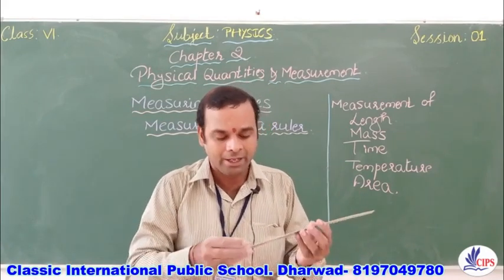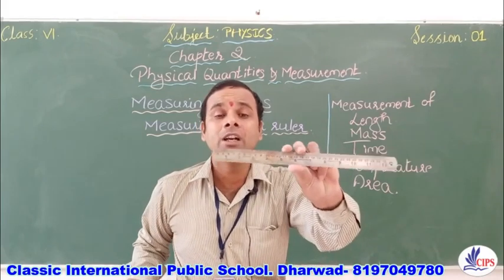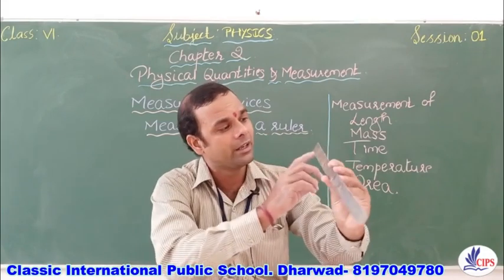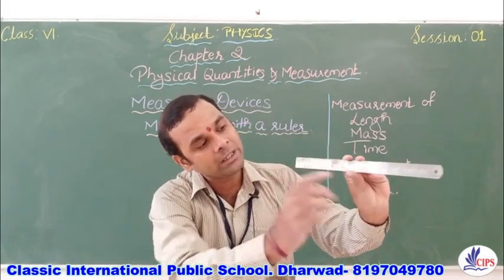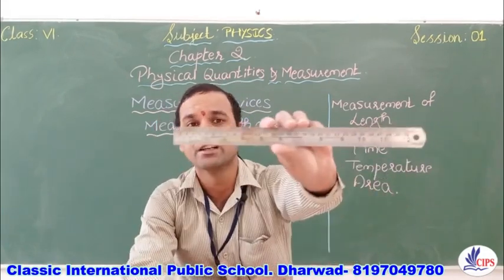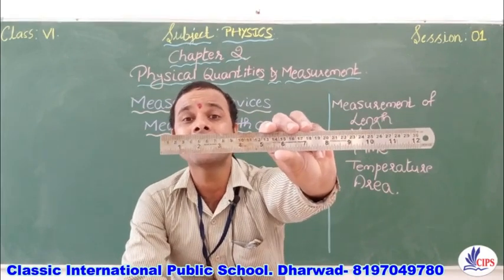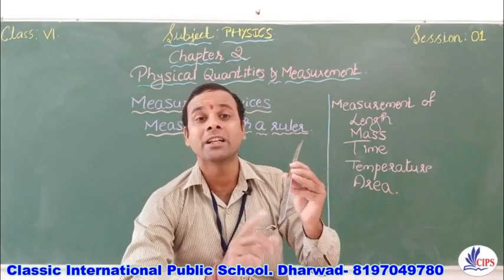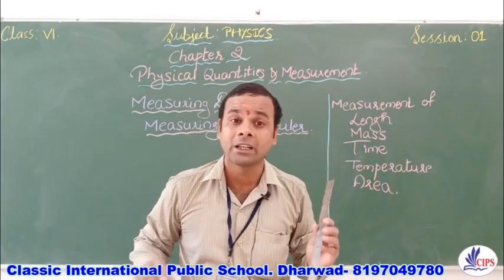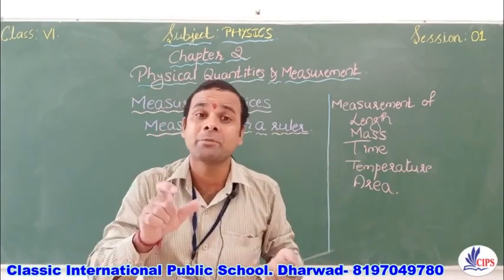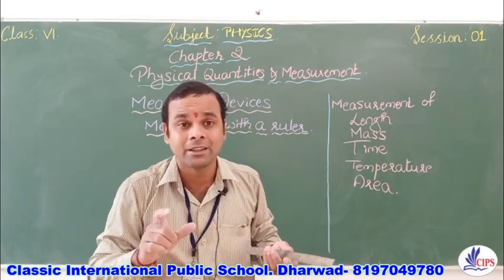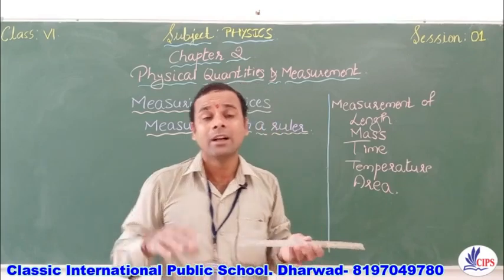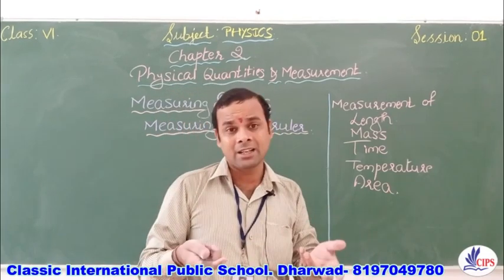In my hand, I have a ruler of 30 centimeter length. You can observe it is written from 1 till 30, right? So it is a 30 centimeter long ruler, made of metal. Your scale is made of glass or fiber. So different measuring devices are there.